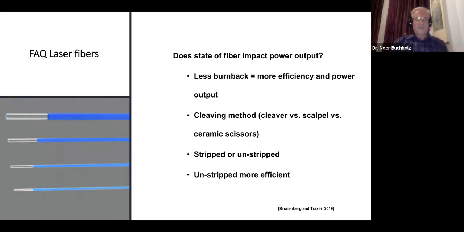Personally, I only use unstripped fibers. The reason is that if the going gets tough and the view is impaired, you may not be able to see the transparent tip, but you might be able to see the blue tip of your laser fiber. That may help if it's bleeding or if there's too much dust from lasering and your view is not very good.